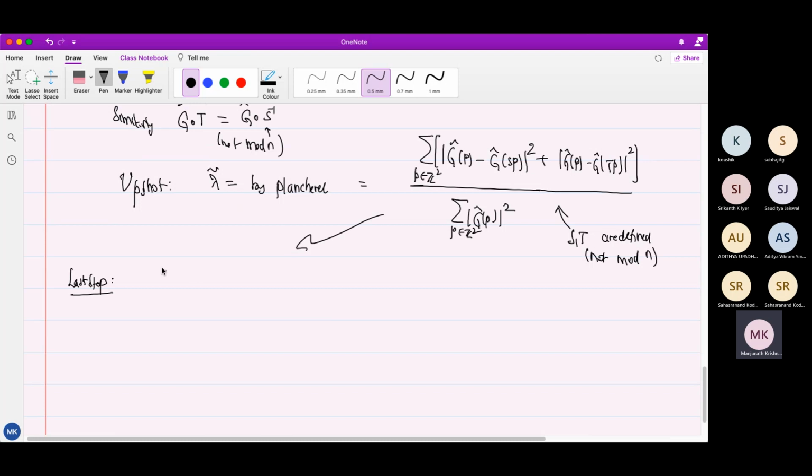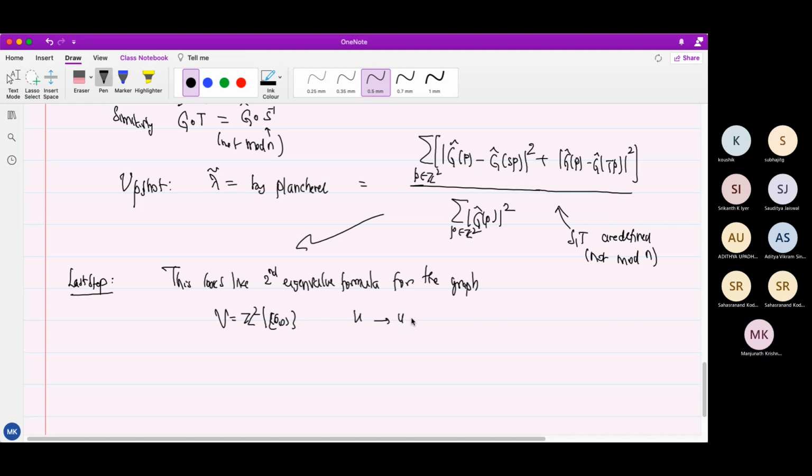So this looks like the second eigenvalue formula for the graph with vertex set which is Z2 except (0,0), and edges between U and SU, U and S inverse U, U and TU, and U and T inverse U. So if you consider a graph with vertices which are Z2 and make up this graph, then that's exactly this, right?